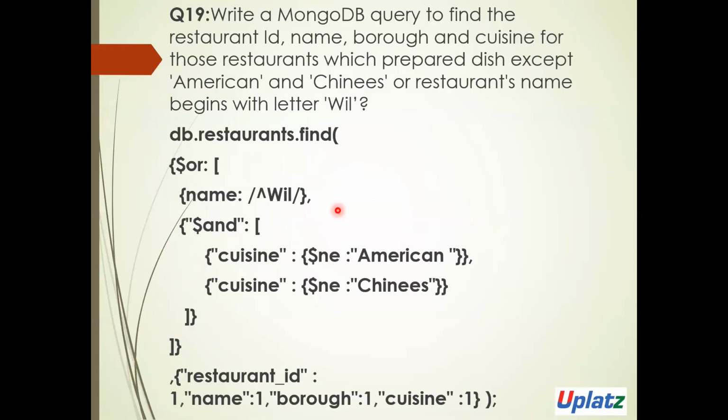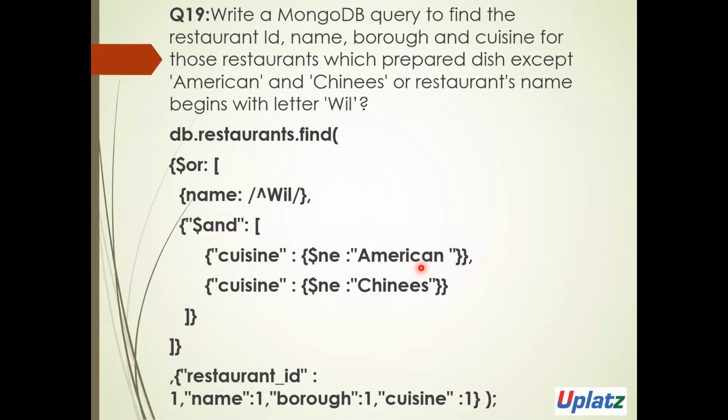So the next query is: write a MongoDB query to find the restaurant ID, name, borough for those restaurants which prepare a dish except Chinese and American, or the restaurant name should begin with WAL. So here, it should begin with WAL, so I have performed an or, with a regular expression for the name, and for my cuisine it should be neither American nor Chinese. Except this, everything I need.